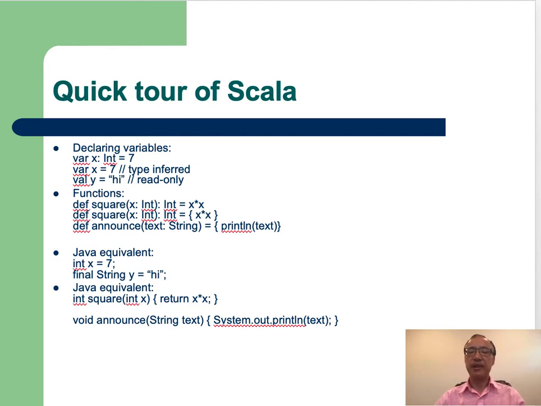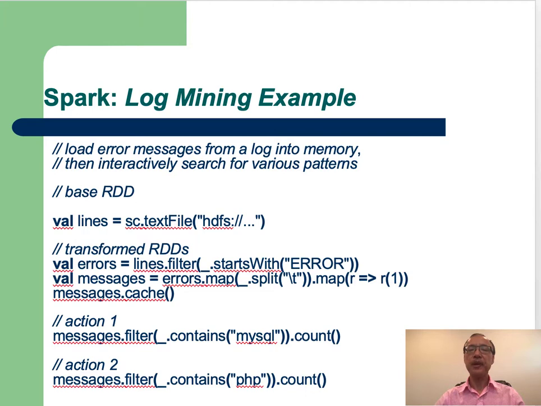But let me give you a very simple tour of the Scala language. You declare variables in the same way that you do in Java, and you define functions in a way that's similar to the Java language. So it's just a different programming language. It should be obvious for you to learn. But we will focus on Spark.